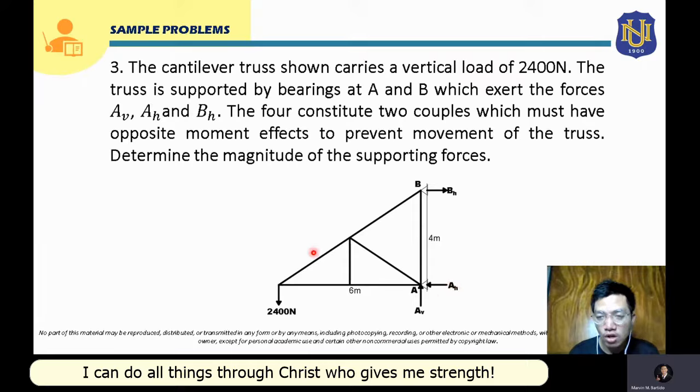So if the first couple produced a counterclockwise moment effect, this second couple should produce clockwise. And the magnitude of the first couple should be the same as the magnitude of the second couple. So we will start solving this.